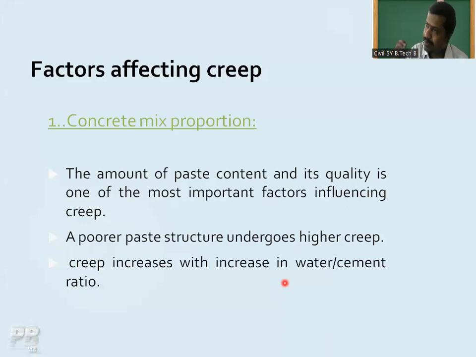If you are not going to take this water cement ratio in exact quantity, or with respect to our design, then definitely your concrete is going to be exposed to some faults, like segregation, bleeding, creep, shrinkage, everything is going to happen. That is why water to cement ratio we need to consider on a priority basis as far as our mix design is concerned.